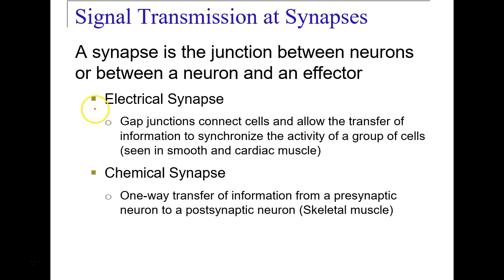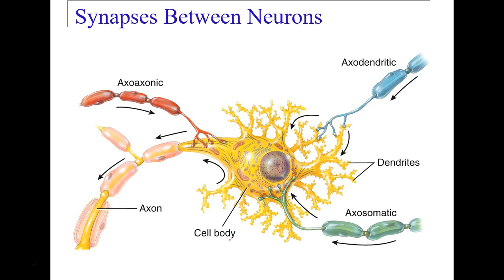Signal transmission. So we have electrical synapses and chemical synapses. Electrical, we are transferring information directly. Think of smooth and cardiac muscles. Chemical synapses, we have a one-way transfer. So skeletal muscle, we are releasing a neurotransmitter from one cell to the next.